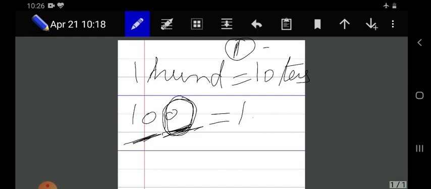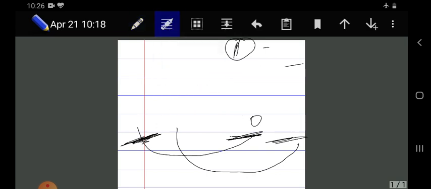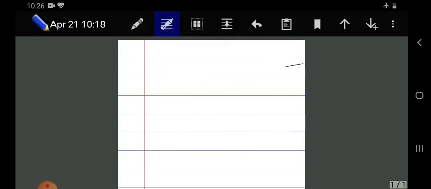So it will be 10 tens. In tens we have one zero, that's why if we remove this one zero, it will remain 10. So at the tens place it will be 10 tens. Clear? Moving to the next.